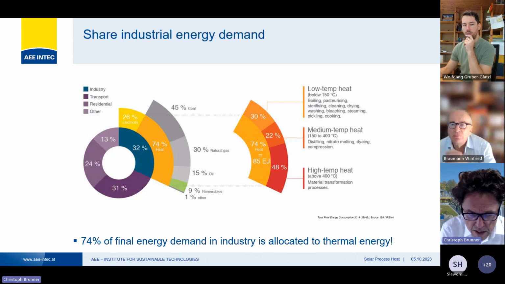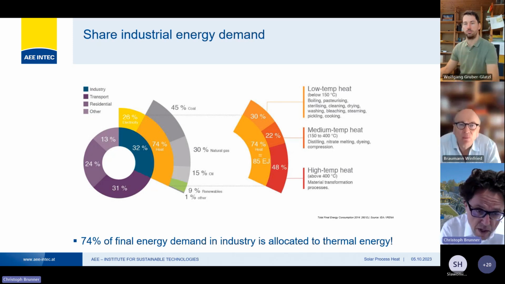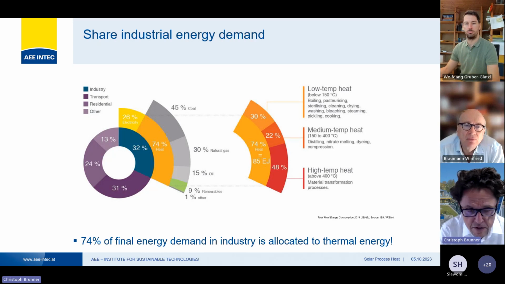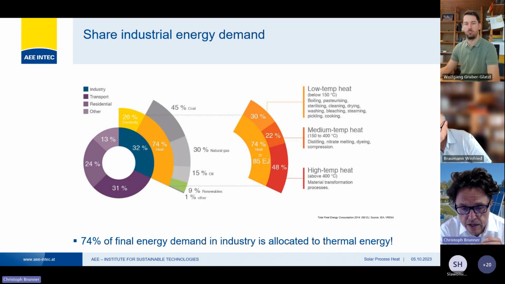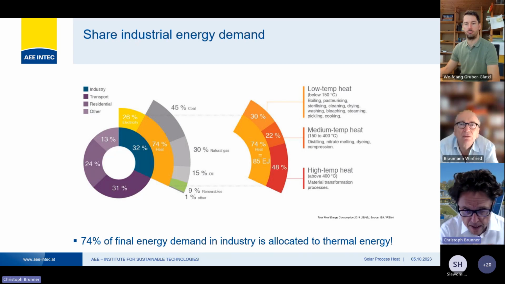Of course, there will be an ongoing shift to electricity in the future, because more and more heat pumps will be installed, and electrification of processes and new technologies will go on. But nevertheless, even if this electrification is going on, a huge amount of heat will still be necessary to provide to the industry for the production process.